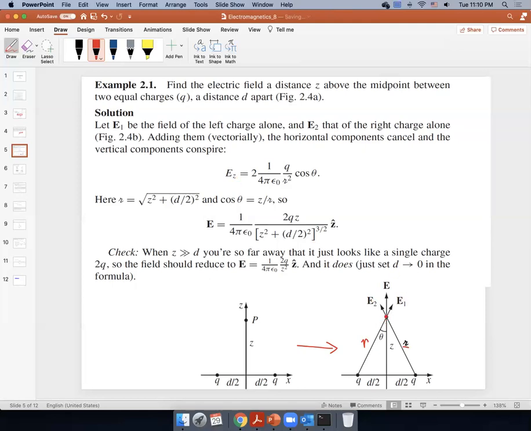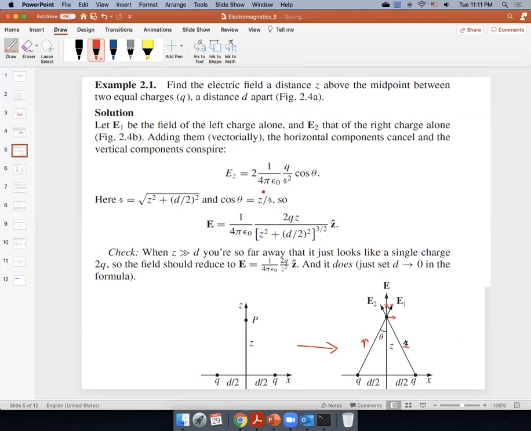But if you want to calculate Ez, you need to calculate the z component of E1, which is E1 times cosine theta. The same thing for E2. It's E2 times cosine theta. Actually, E1 and E2 are of the same magnitude. So you have 2 times E1, or EQ, they're the same magnitude, then times cosine theta. That will be your Ez.